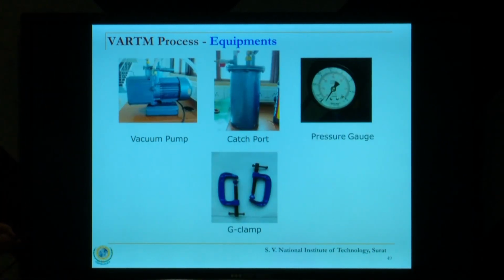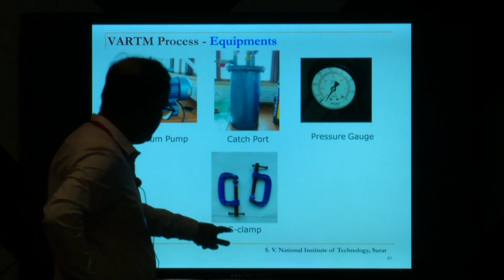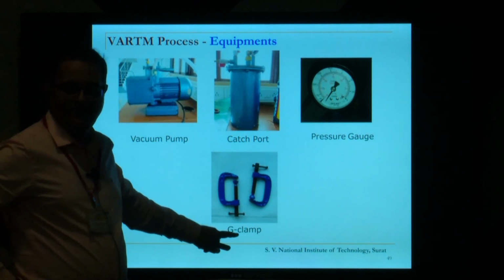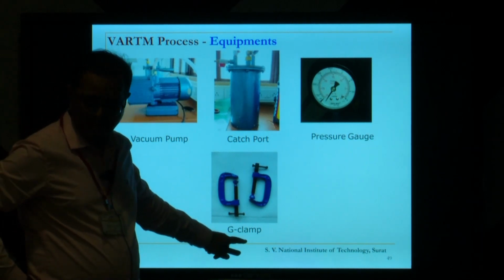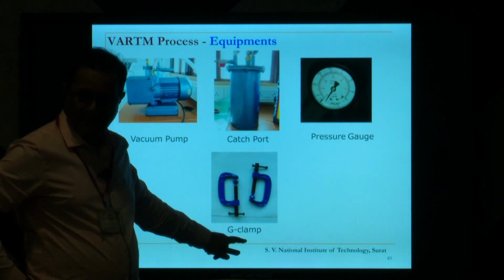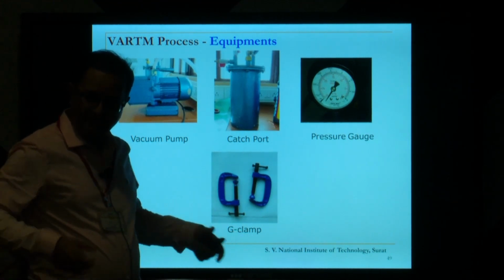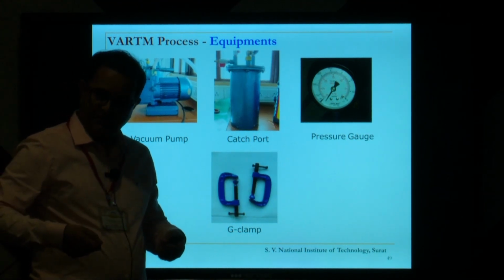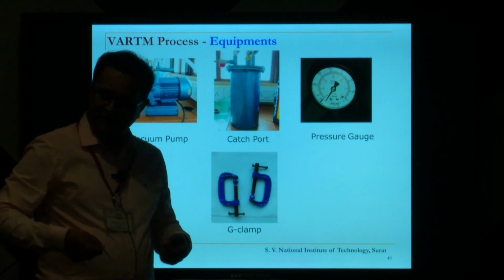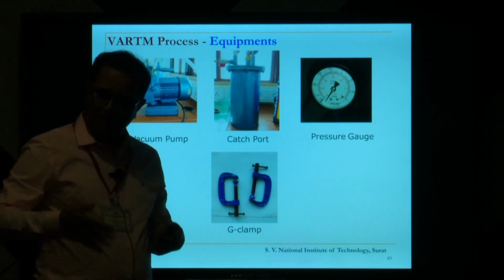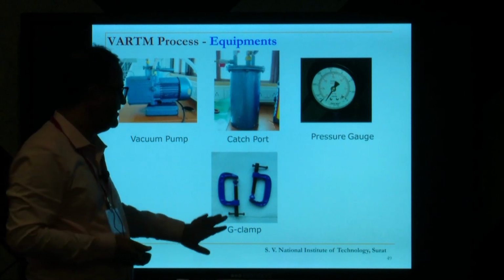These are the different equipments that you need. You need a catch pot, a vacuum pump. In fact, this G clamp is a bottleneck. The way you place it, the way you use it to clamp, the way you use it to stop the flow or start the flow, that is very crucial.